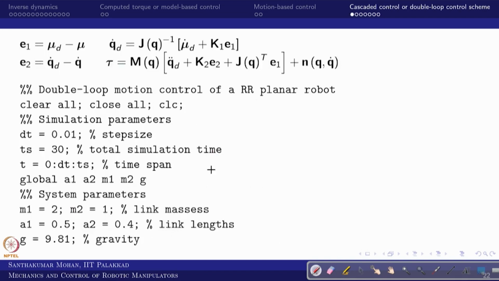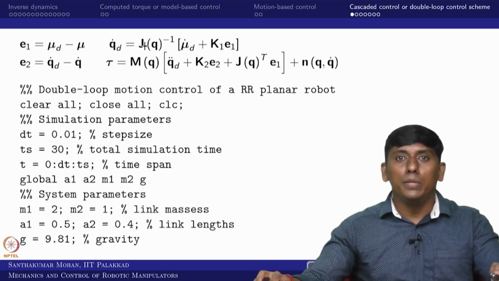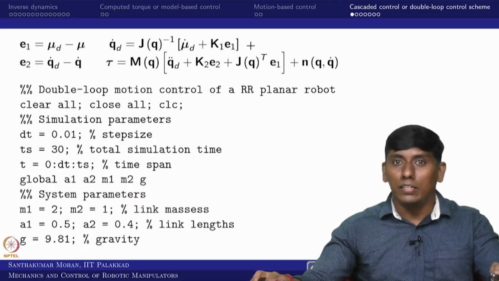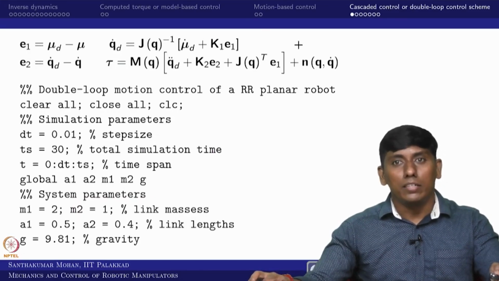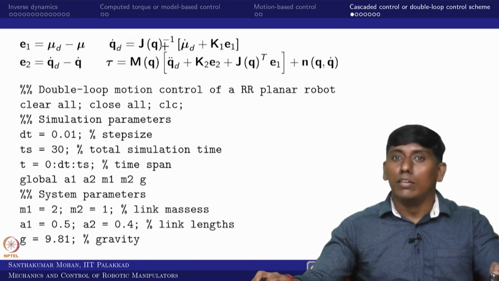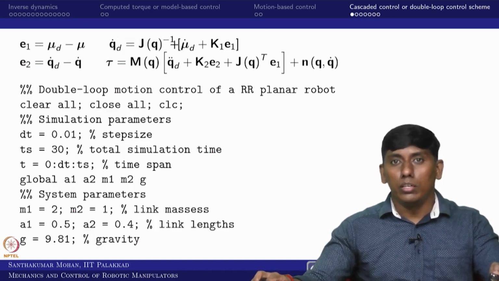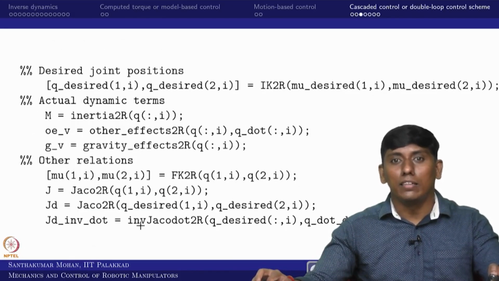Because if you look at this equation, if you are taking q double dot desired, which is required here, then that would be J of q inverse into μ double dot desired plus k1 E1 dot plus J dot of q inverse into μ dot desired plus k1 E1. In the sense you need J dot, the inverse of J of q dot, is required. So that's why we are writing that value here.